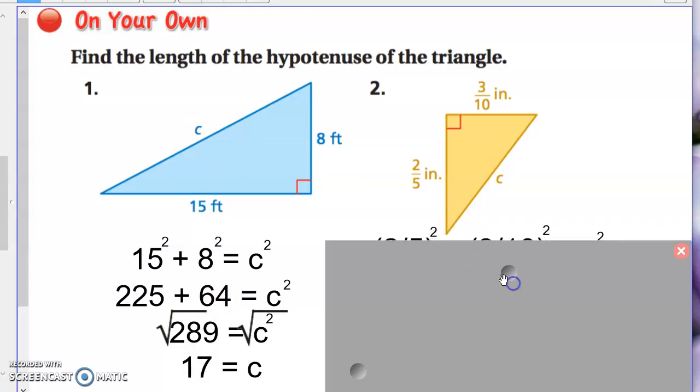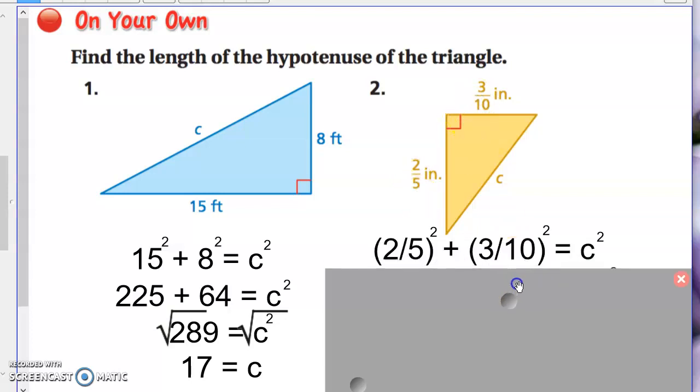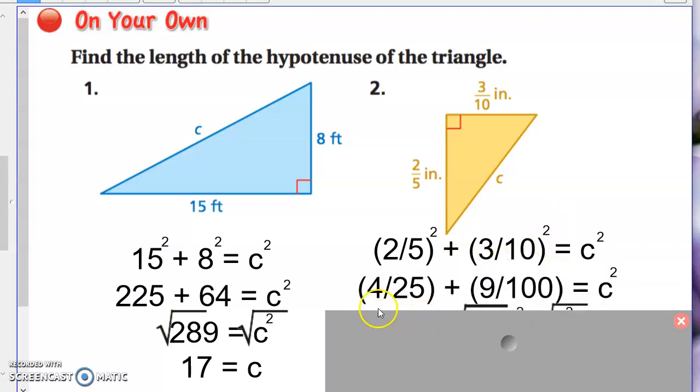Number 2 is a little bit trickier because we had to work with fractions for this one. So again, these are my two legs, 2/5 and 3/10. So it's going to be 2/5 squared plus 3/10 squared. Well, 2/5 squared is actually 4/25 because I just square the top and the bottom numbers. 3/10 squared is going to be 9/100 because I just square the top and the bottom. 4/25 plus 9/100, you have to find a common denominator, which is actually 100, and then you can simplify it from there.